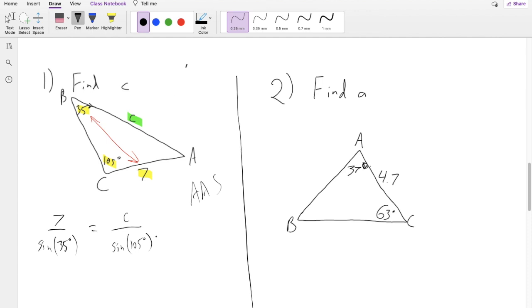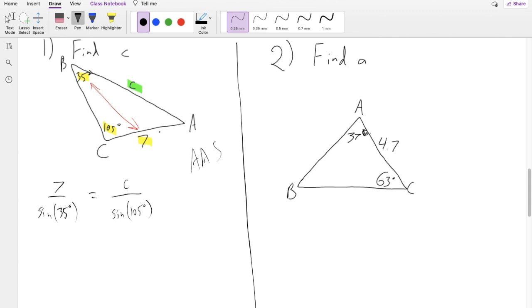So I've created this proportion where I have the side that I'm looking for, C. We know one of the sides was 7 and its opposite angle was 35. We know side C's opposite angle was 105. Now this is just like a normal math problem, except we're going to need to put this into our calculator to truly solve it.